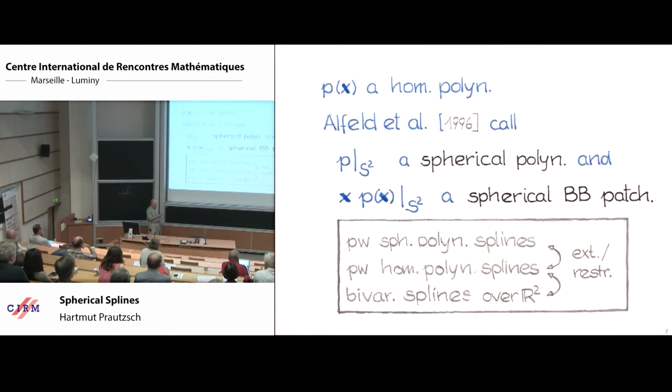And this tells us constructing a spherical polynomial spline is nothing else than constructing a bivariate spline. All 3 things have the same Bézier points, they don't change.